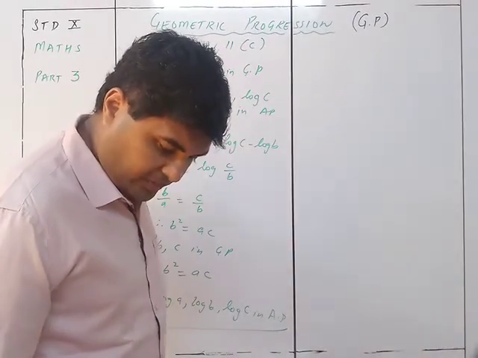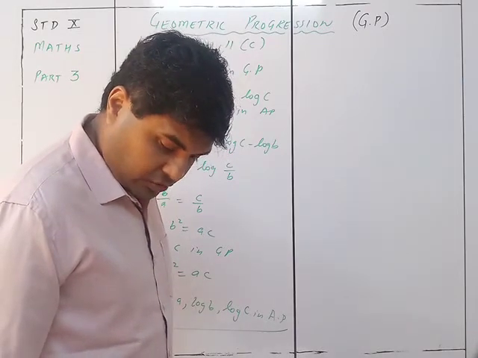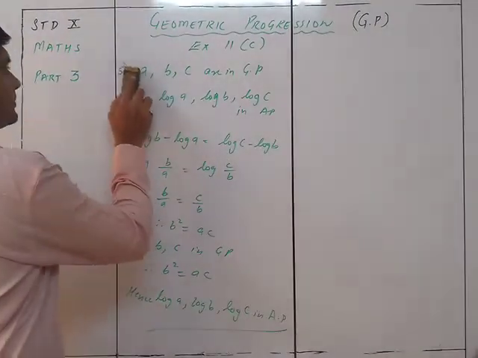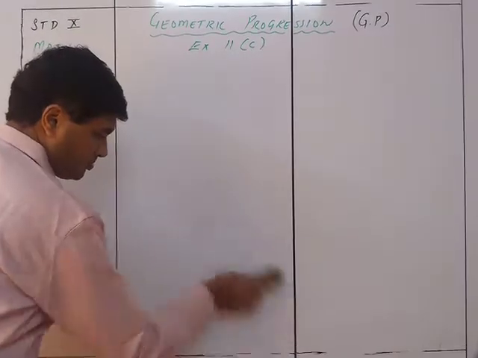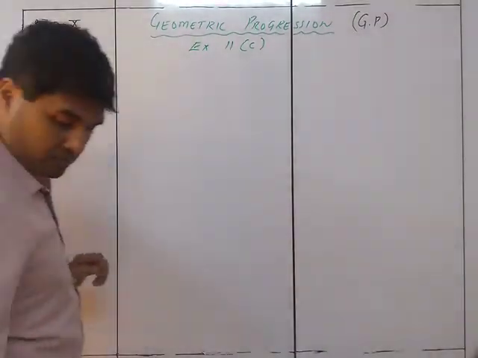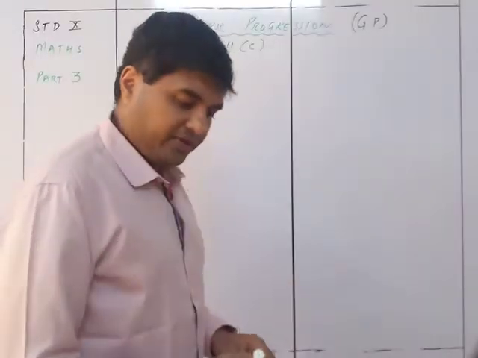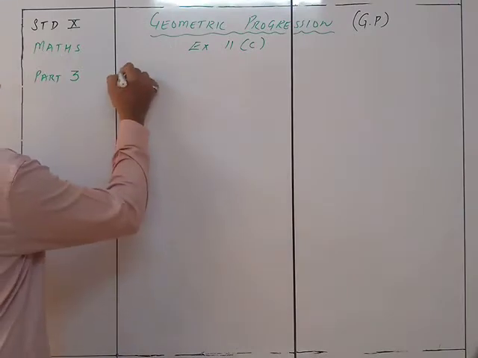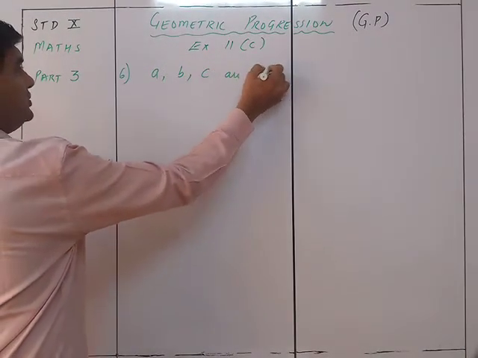6th sum. If each term of the GP is raised to the power x, show that the resulting sequence is also in GP. Okay, let's see this. So if each term of a GP, you are given that A, B and C are in GP.